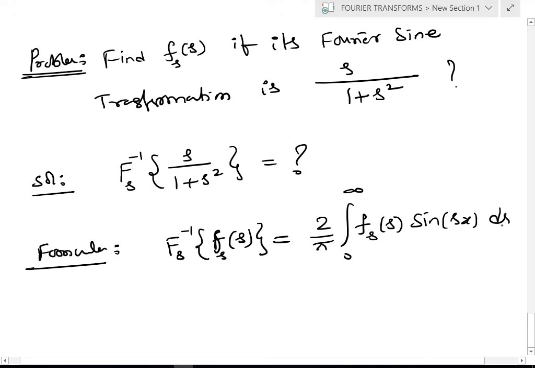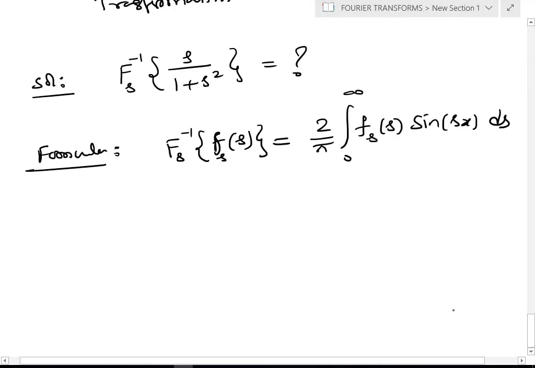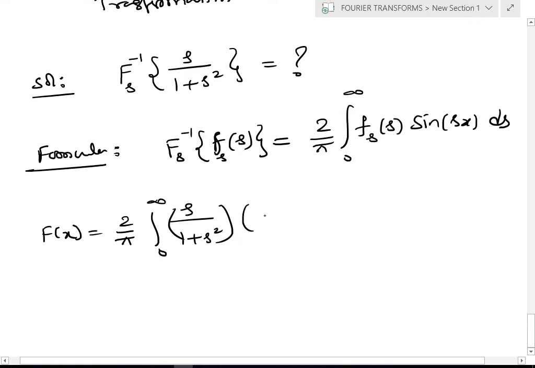Remember here it is integration with respect to s, so then I will get back f of x. That is, f of x is equal to 2 by pi times the integral from 0 to infinity of f of s, which is s divided by 1 plus s square, into sine of sx ds.